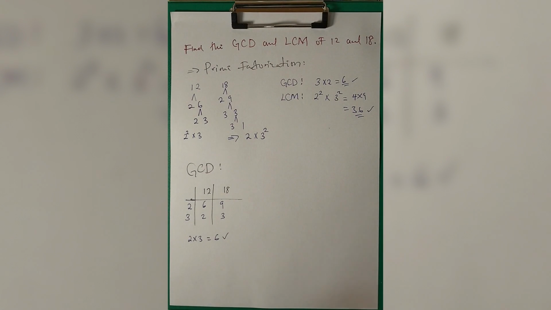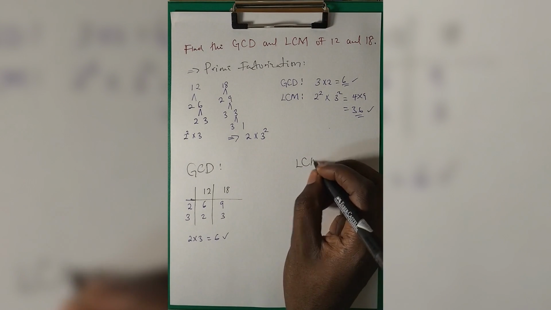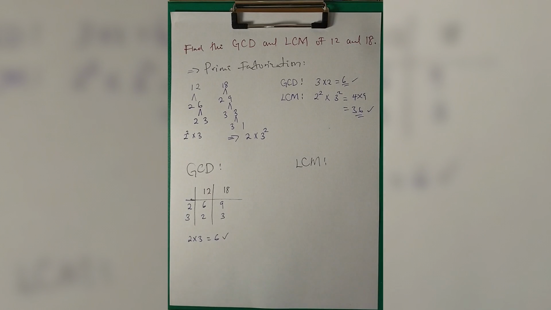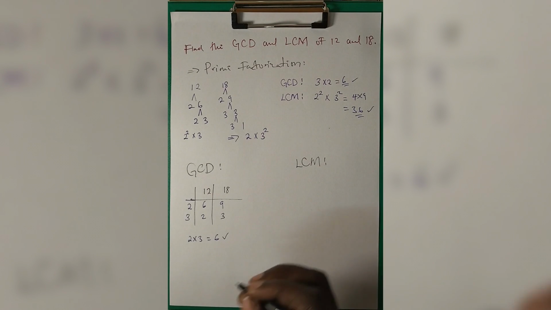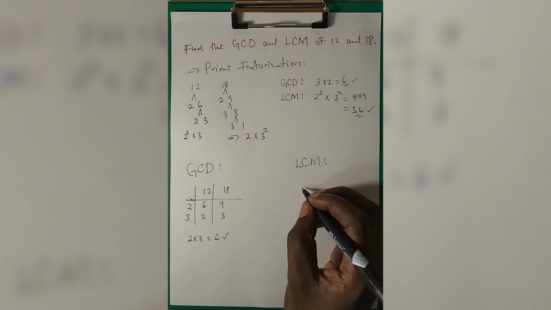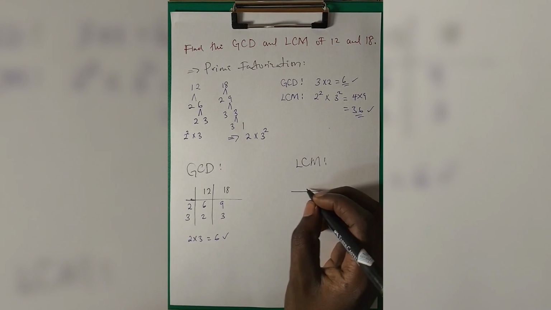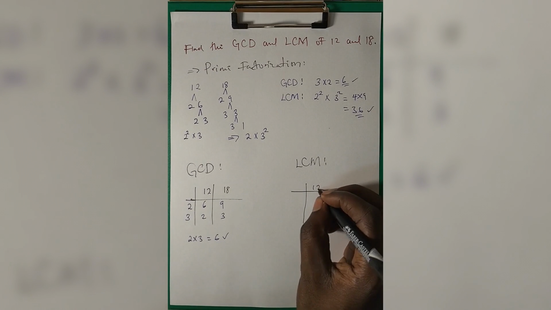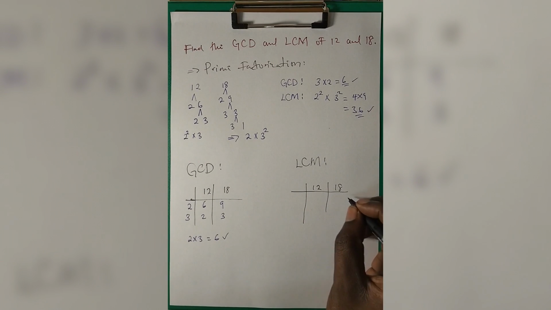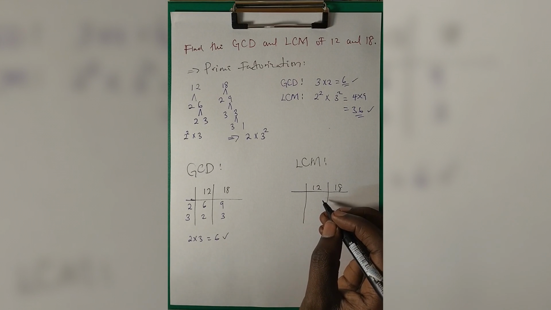For the LCM, unlike the earlier case where we looked at divisors, we now focus on multiples. So 12 and 18. Here we look for prime factors until we get to 1.